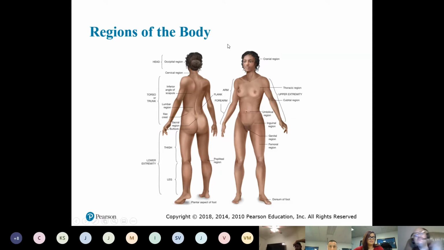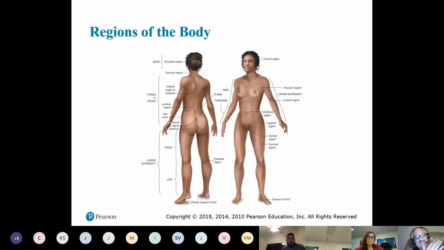All right. So as far as regions of the body, regions like how we have Appalachia, New England, the West Coast, Texas, the South, the Southwest, the Southeast, all that good stuff. The body also has regions, but they're a little bit more descriptive, I think. As far as the regions of the body, it's to help us know which part of the body to go to.